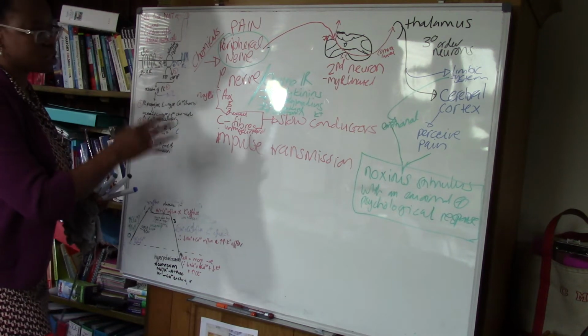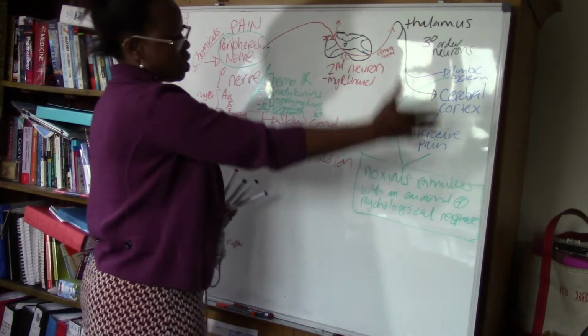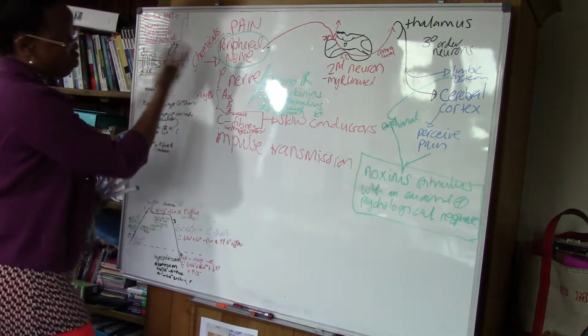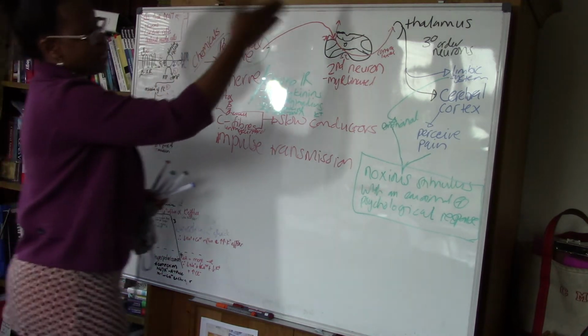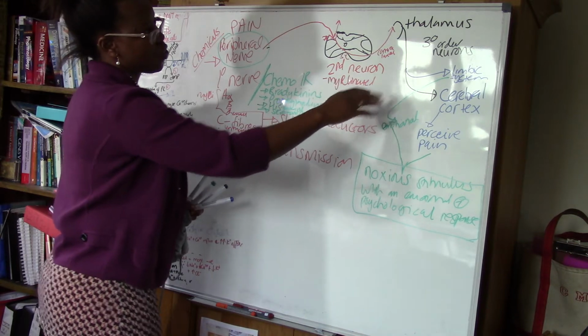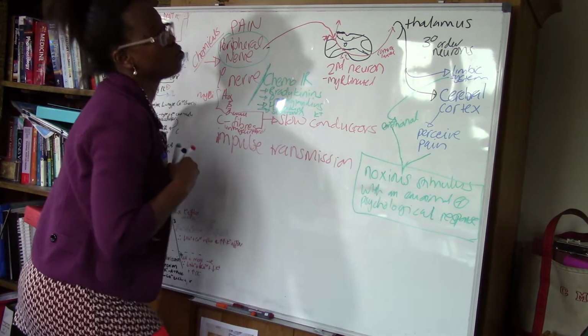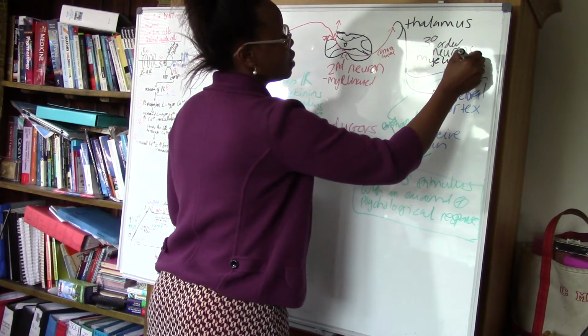So this is all really that I wanted to cover in terms of the propagation of the painful stimulus from the peripheral nerve, which is the primary neuron, into the spinal cord, which is the secondary neuron, and into the third neuron, which is found in the thalamus and is also a myelinated neuron.